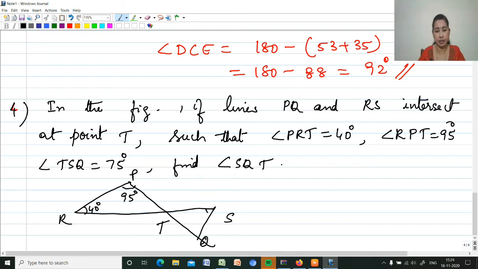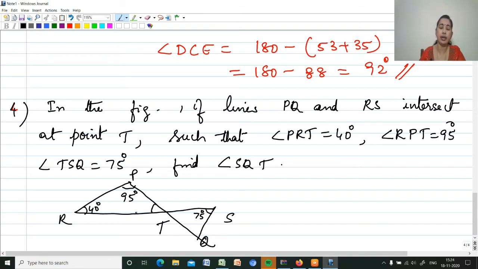TSQ is 75 degrees. This angle is 75. PQ and RS intersect at the point T such that angle PRT is equal to 40 and angle P is equal to 95 degrees and TSQ is 75. So how can we find this angle?